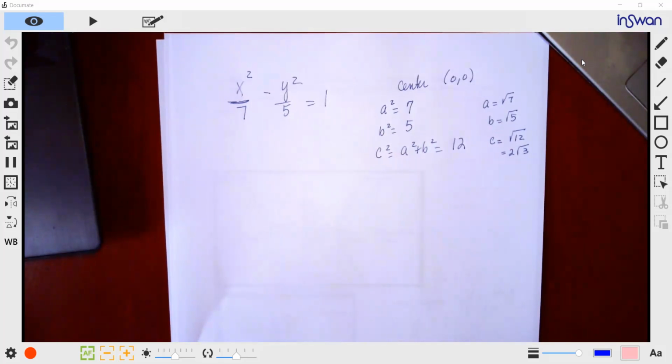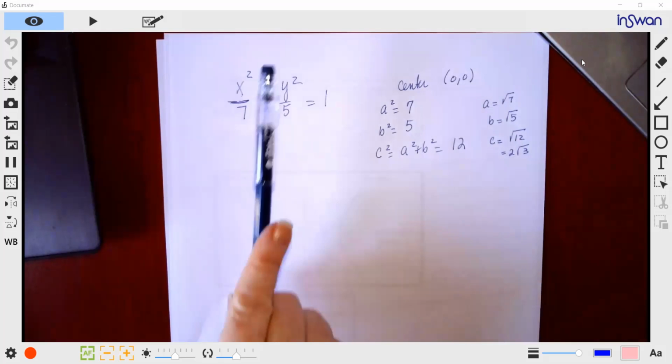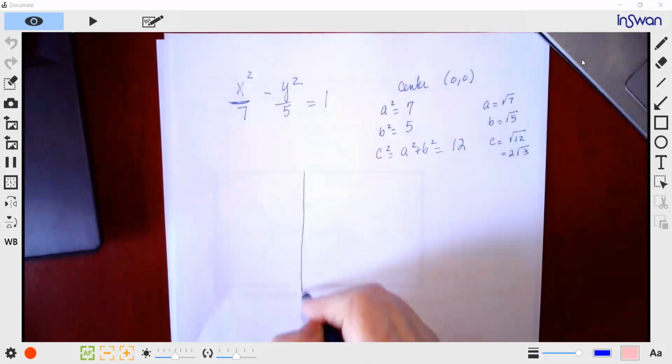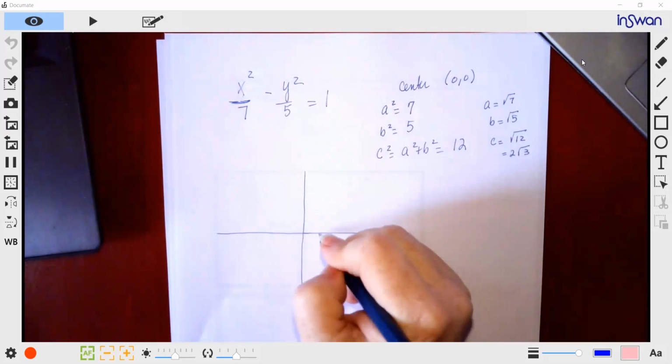Now, before we go on, here's how I remember whether it opens up and down or sideways. If I made y equals 0, I could get that x is plus or minus the square root of 7, which is a real number.